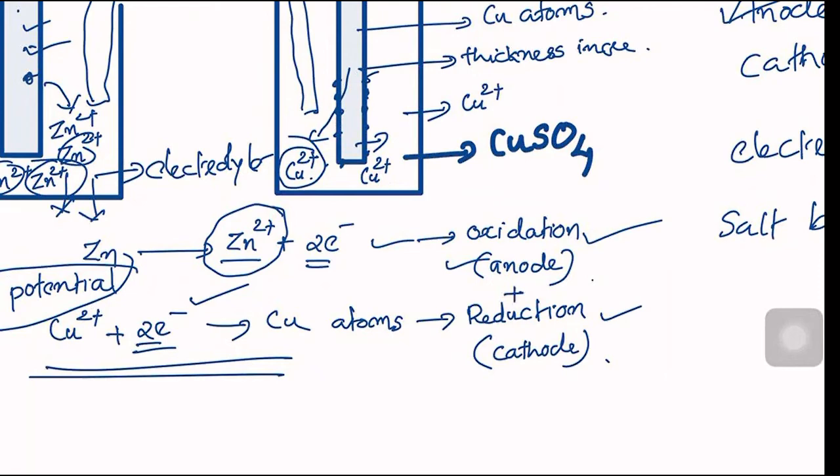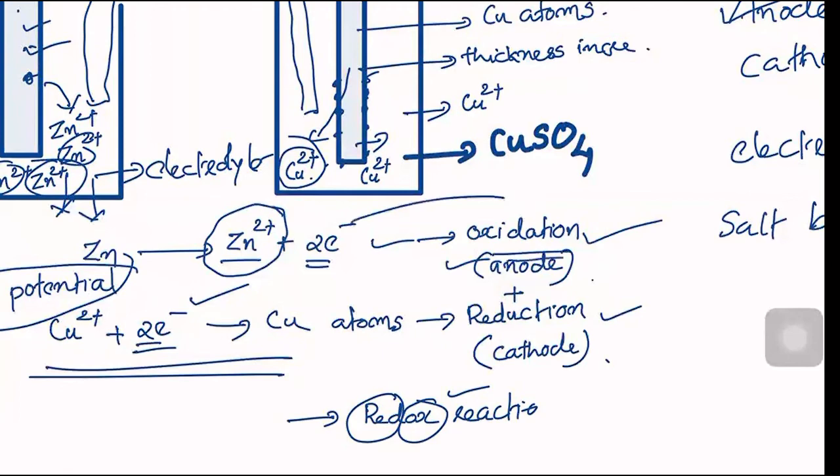And in a reaction, if both oxidation and reduction occur, we call that reaction a redox reaction, because reduction is happening as well as oxidation. Once the reaction becomes a redox reaction, then only movement of electrons happens, because after the oxidation, electrons will be released. Those electrons will go to the cathode, and the cathode will accept electrons and undergo reduction.